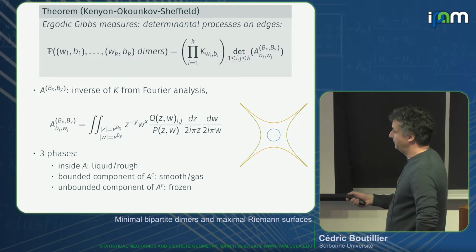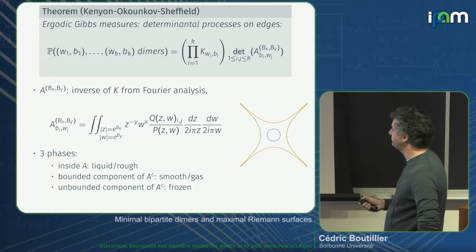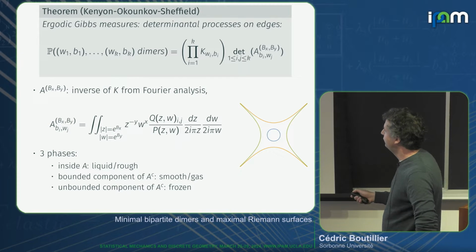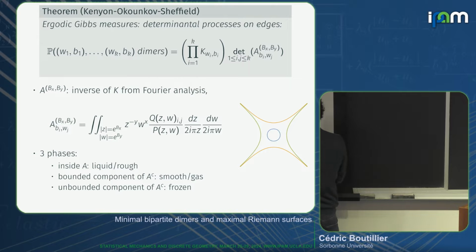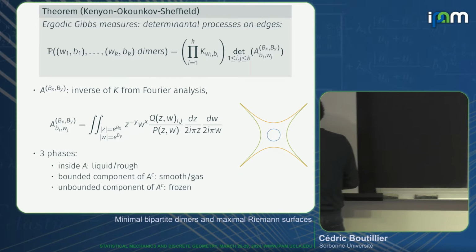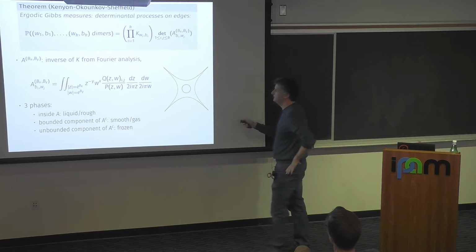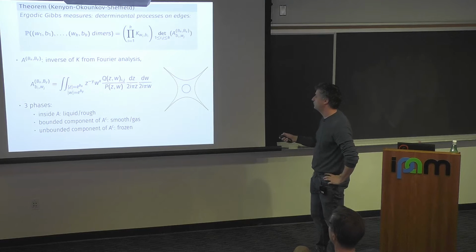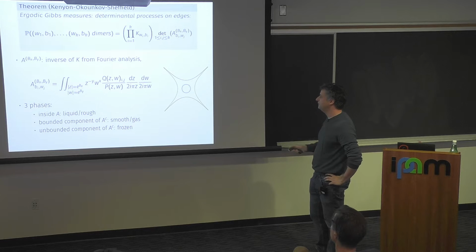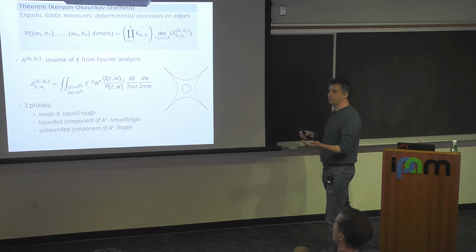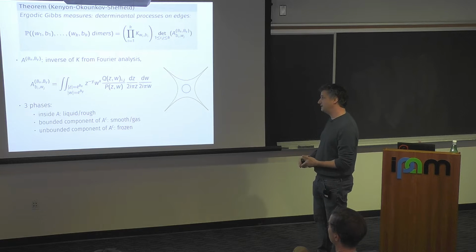They prove that there are three phases depending on the position of this point B. When B is inside the amoeba, here the annulus outside of this blue curve and in the region delimited by the green and orange curves, you get what is called the liquid or rough phase.